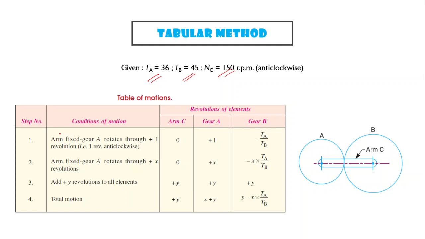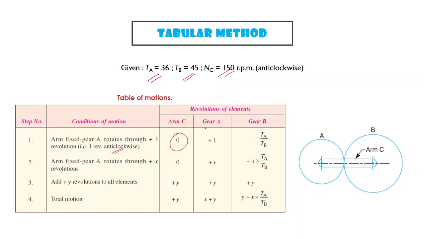Here the first condition is arm fixed, gear A rotates through plus 1 revolution. Plus 1 revolution indicates 1 revolution in the anti-clockwise direction. In the first condition, arm fixed, that means the revolution of element arm C is equal to 0.